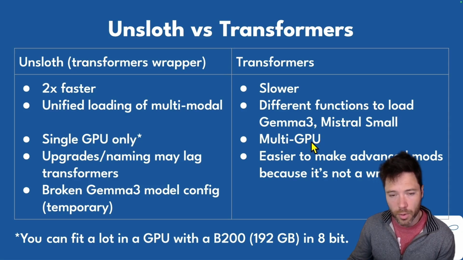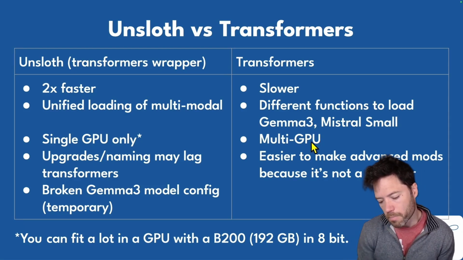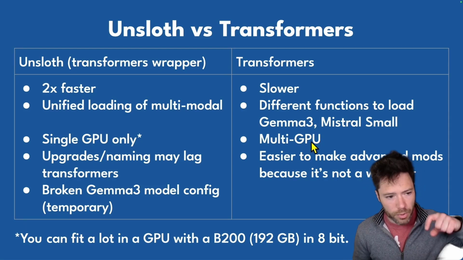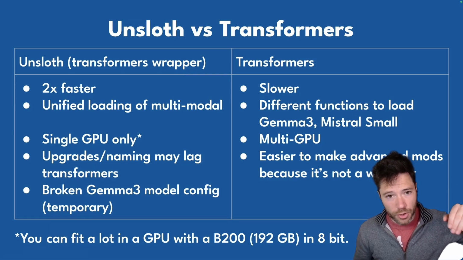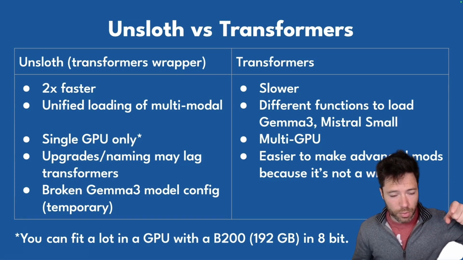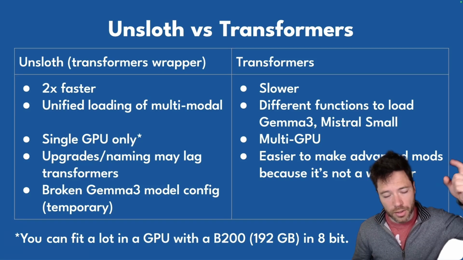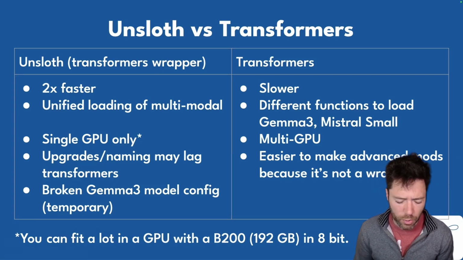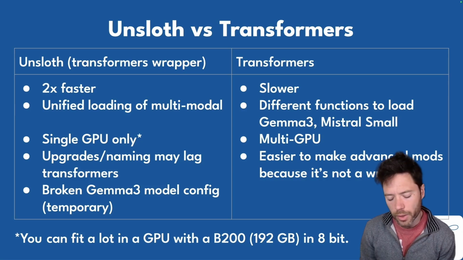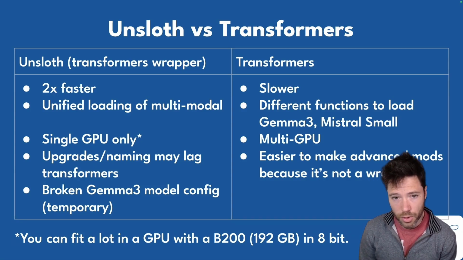By default, transformers will use model parallel, so it will chunk up the model by layers, which means your GPUs are not all active when you're fine-tuning, because you will use one GPU to process these layers, then the next GPU, then the next. That might sound inefficient, and it is, but it's quite simple and robust, so I wouldn't rule that out. If you need to tune a larger model, just use that simple approach.